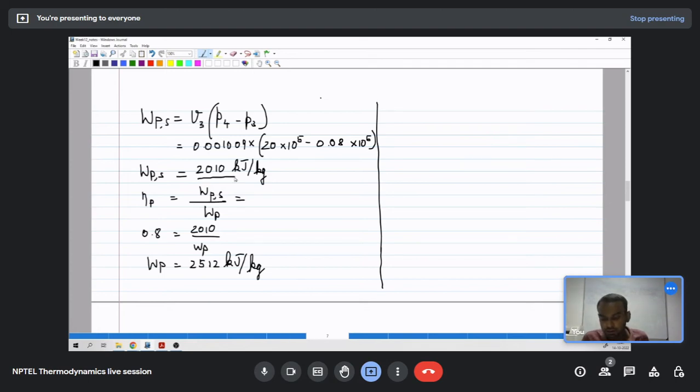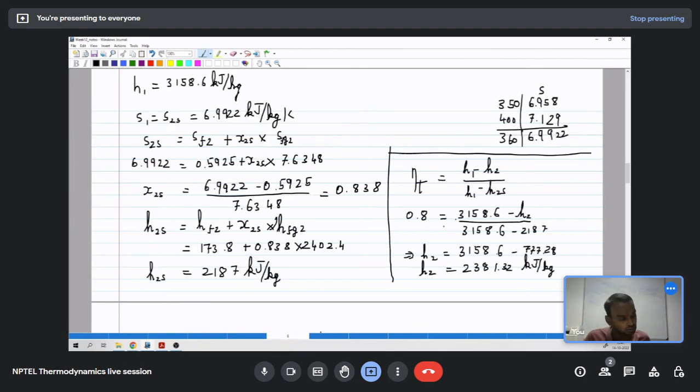I'm still wondering if this pump work is high enough, because we didn't get so much turbine work.